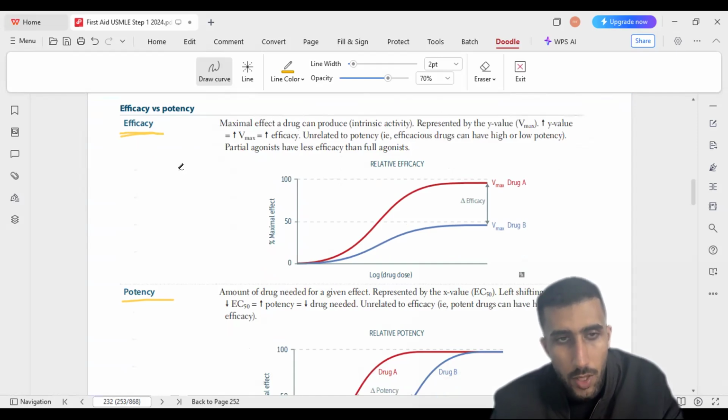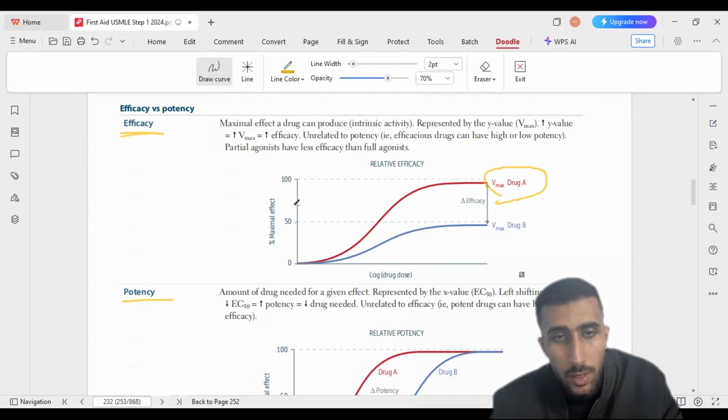One drug is efficacious, the other drug is not; it is intrinsic to the drug, and it is represented on the Y axis by the Vmax. By efficacious we mean the drug will produce the maximum effect.